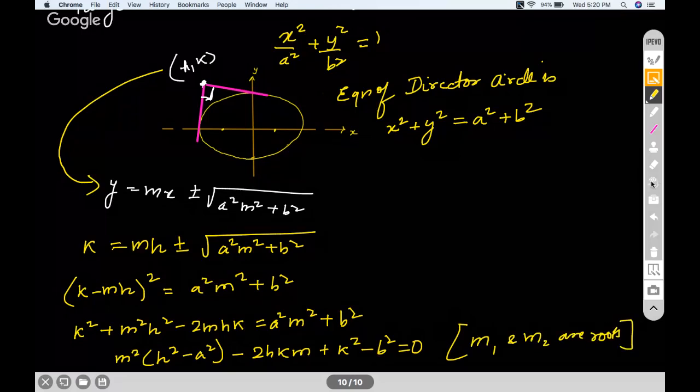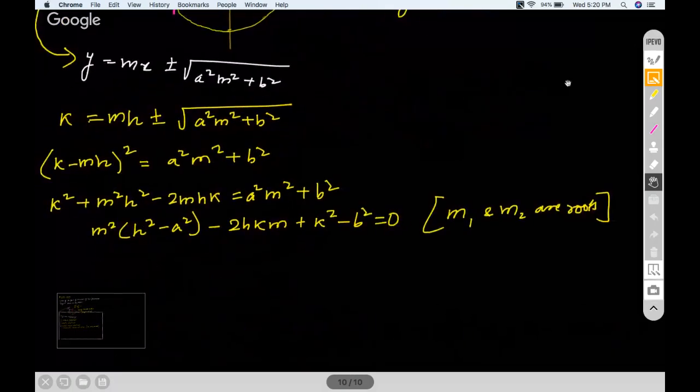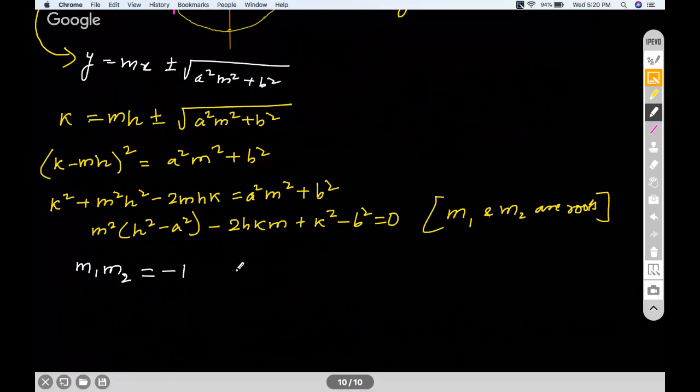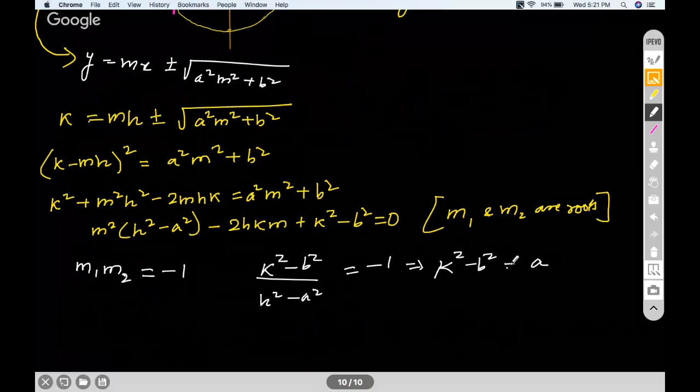Okay, and if m1 and m2 are the roots, we all know that since the lines are perpendicular, the product of the slopes m1 m2 should be minus 1. So we know product of the roots is equal to c by a. So k square minus b square by h square minus a square is equal to minus 1, which is nothing but k square minus b square is a square minus h square, which means h square plus k square is equal to a square plus b square.